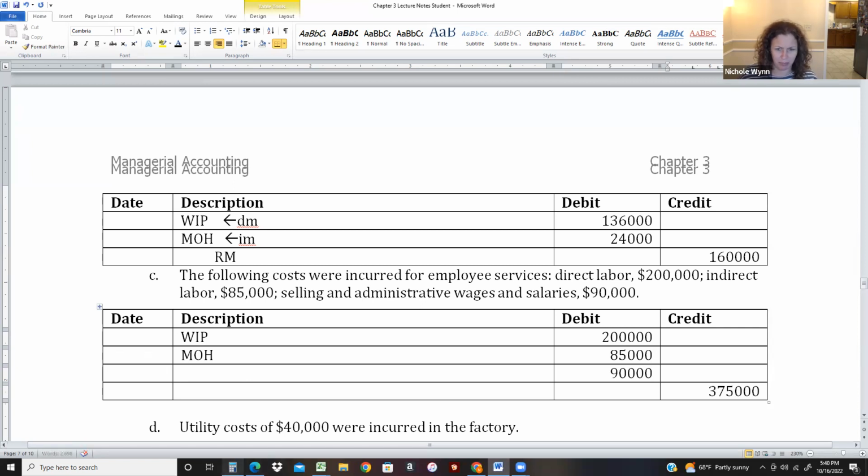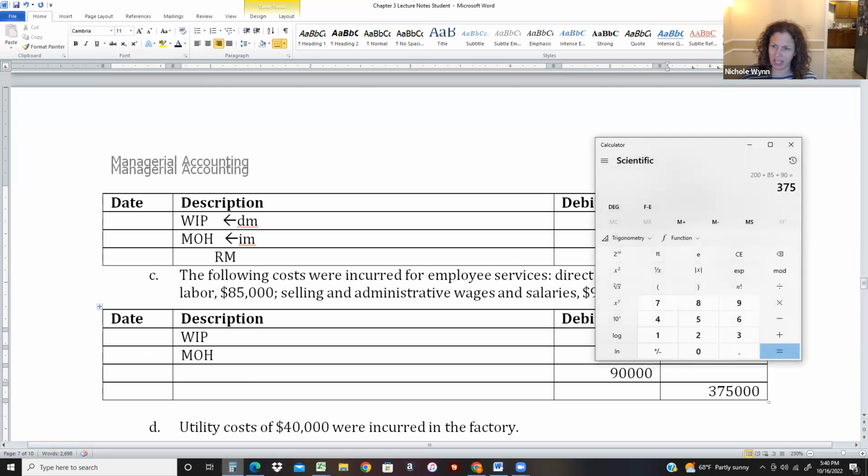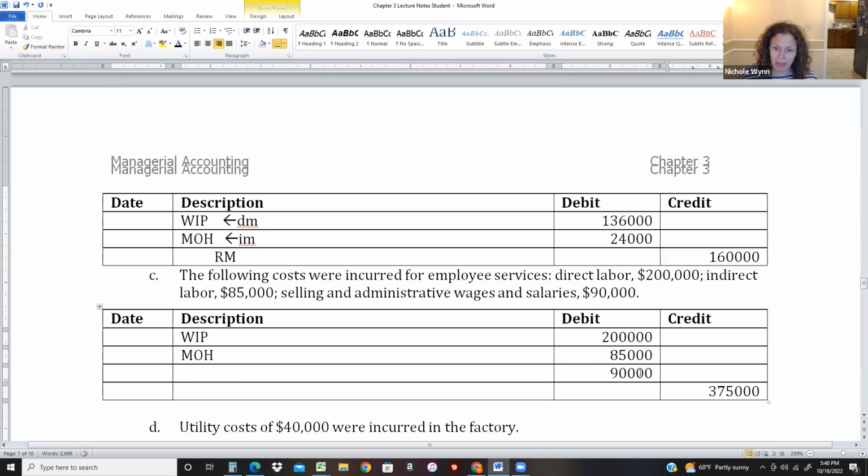Let me add it up to make sure. 285 and 90. Yeah. So the selling and admin labor would actually go in wage expense, but it would be for the selling department or the admin department. So to make things simpler, we're just going to debit selling dash admin expense.